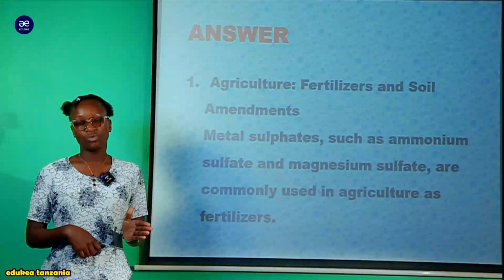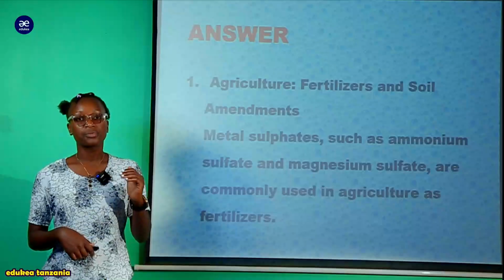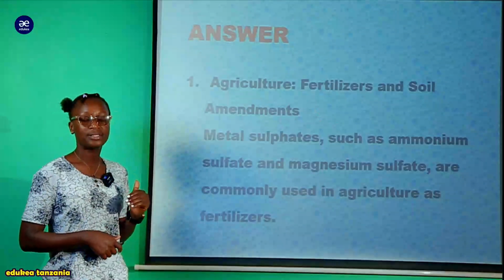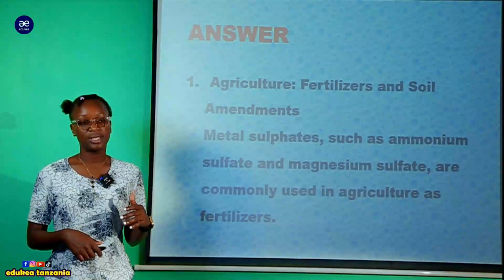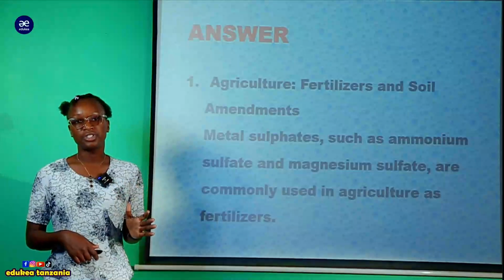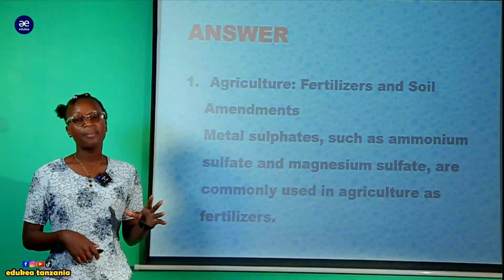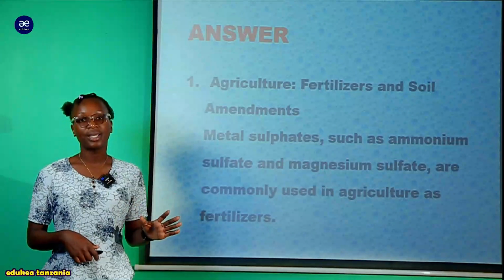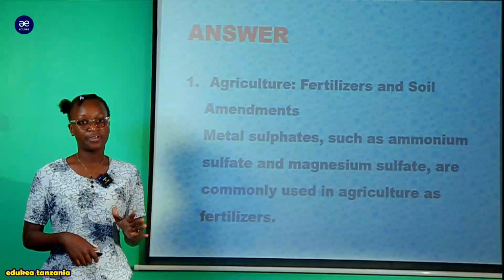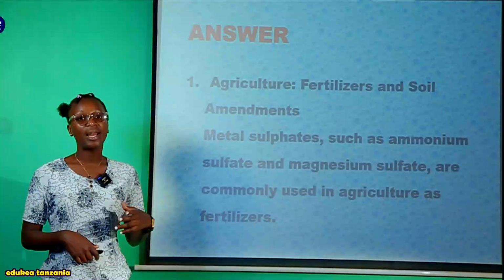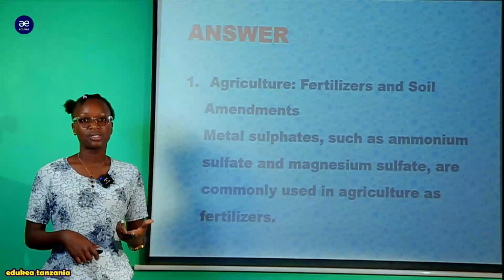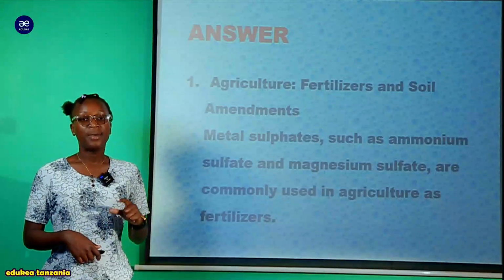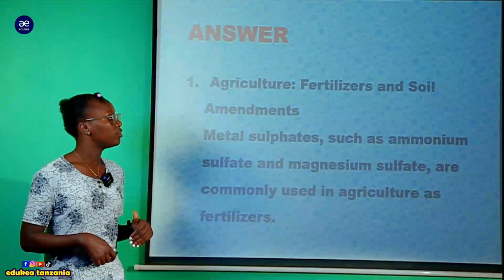Tunavyozungumzia fertilizers tunaongelea mbolea. Tunavyozungumzia the soil amendment ni ile ability ya kuensure that soil inakuwa managed in terms of maybe there is an issue of acidity, alkalinity na different factors. Kwa hiyo tunaweza tukafanya ile amendment, zile changes of the soil, managing of the soil depending on the uses of the metal sulfate.